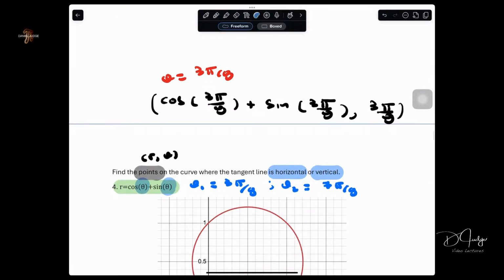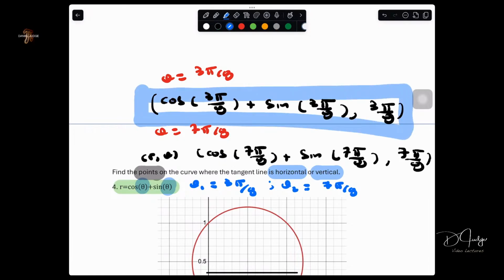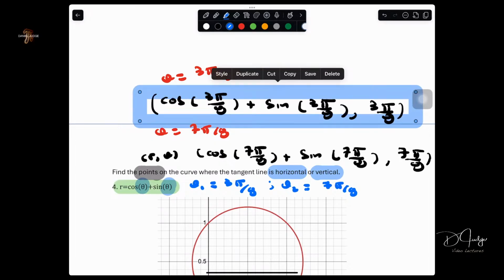Second solution: 7 pi over 8 will say the same thing. Cosine 7 pi over 8 plus sine 7 pi over 8, comma, 7 pi over 8. So these are the points on the curve where you will have horizontal tangents.